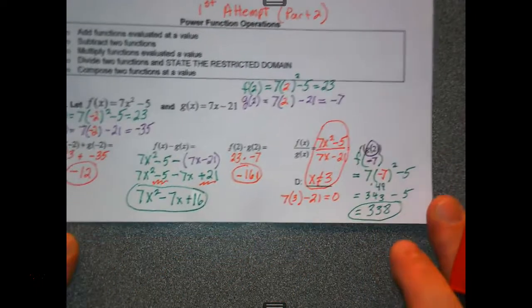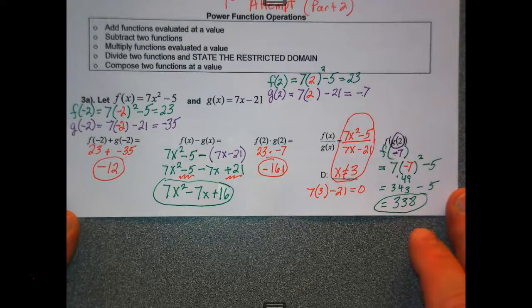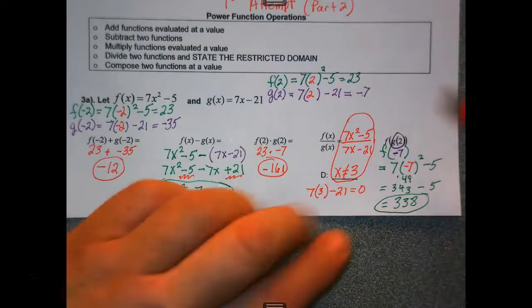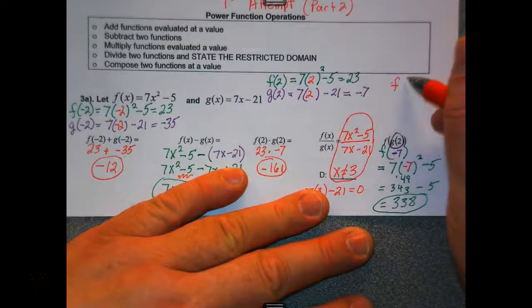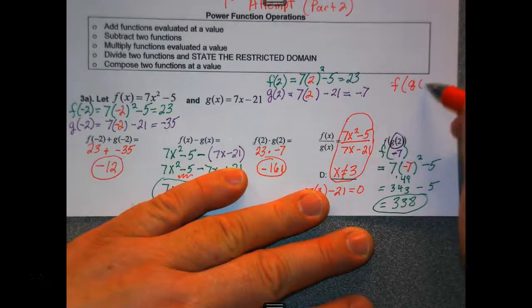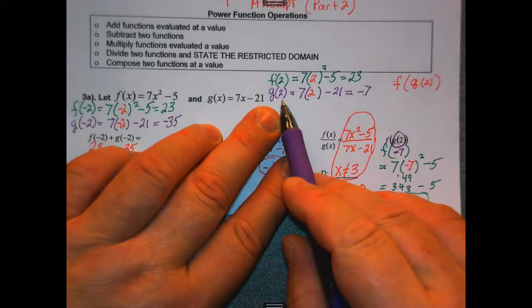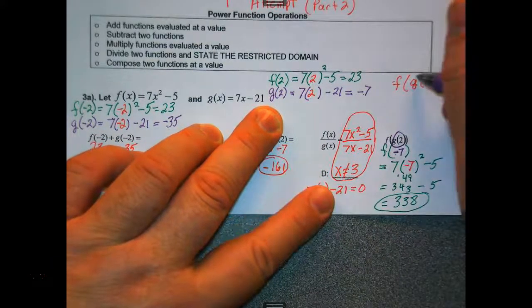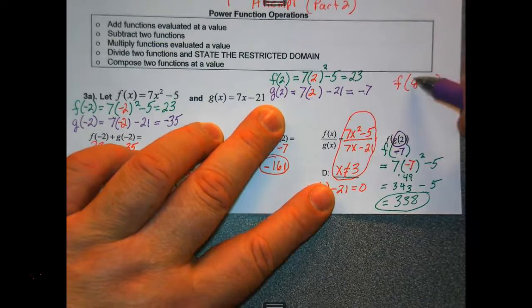Okay, any questions? This says I have to do the f of g of 2. I already figured out what the g of 2 was from the previous problem. So for g of 2, I'm going to substitute in negative 7.